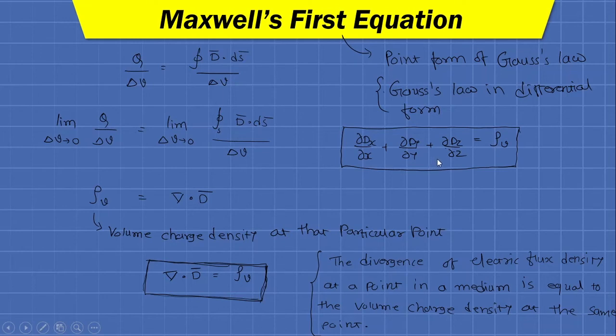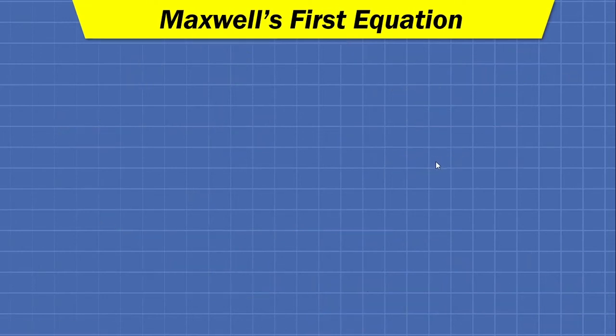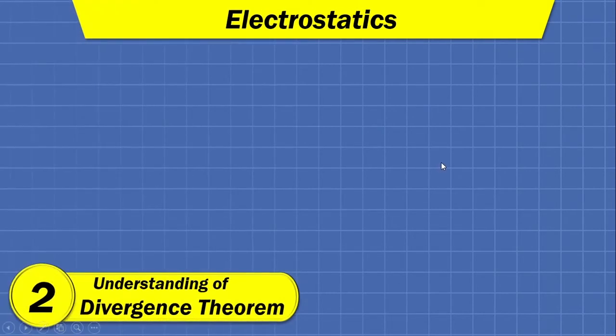Okay, so moving further, we have the divergence theorem. It is a very important theorem, and the divergence theorem can be easily derived with the help of Gauss's law and Maxwell's first equation.